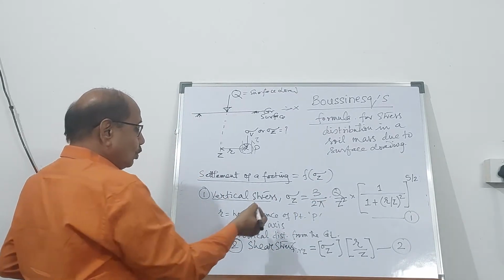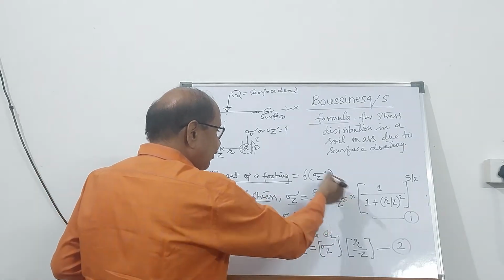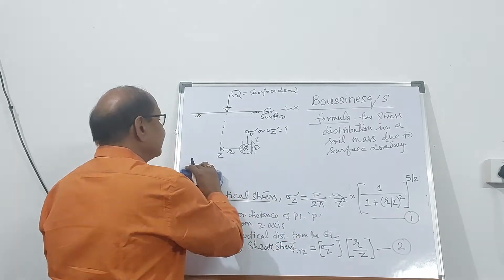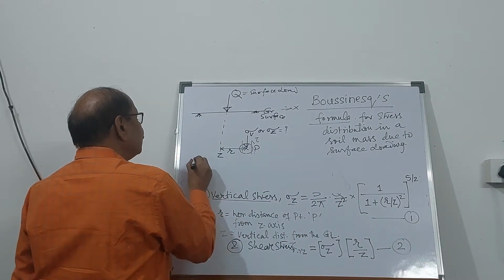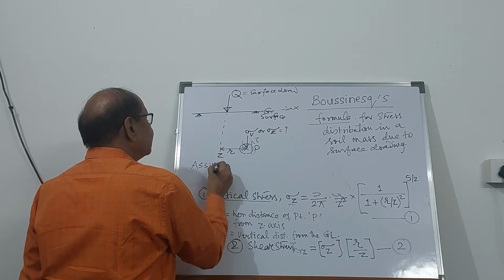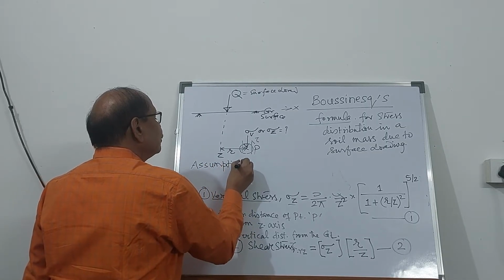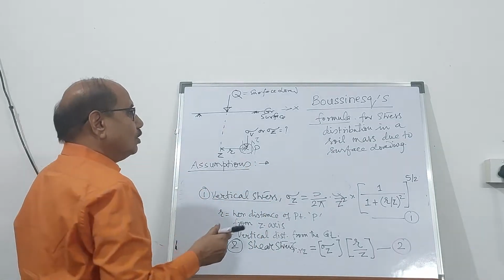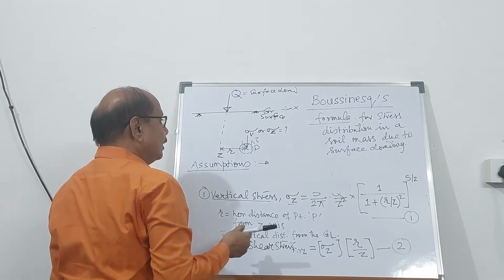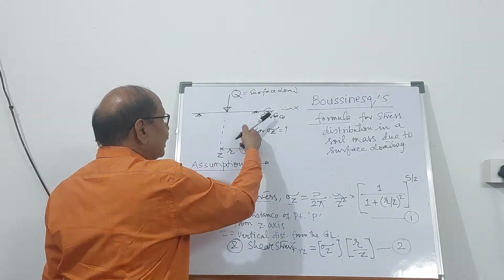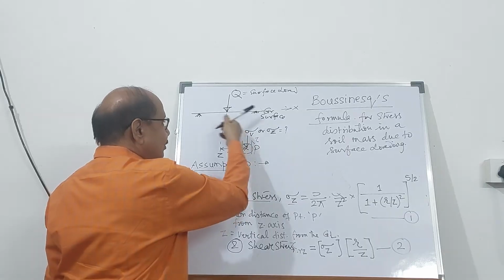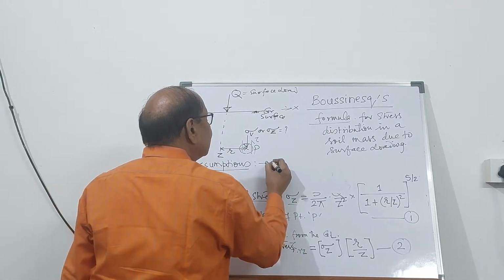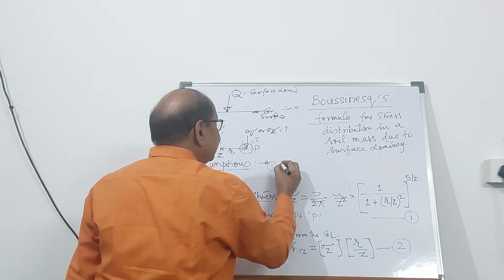Now, for deriving this expression, Boussinesq had certain assumptions. What are those assumptions? Let's look to that. The various assumptions by Boussinesq was that, first thing, the soil mass below the ground surface is homogeneous.